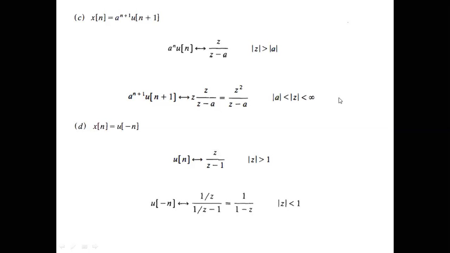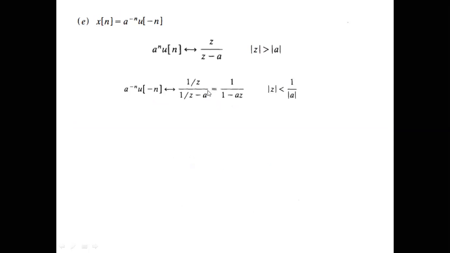Anyway, they do make sense. Here is one more thing. This is also the time reversal property. Now see here, every n has been replaced by minus n, so you want to use this particular property. This is also very important. We know the z transform of alpha to the power n u of n is z divided by z minus alpha.